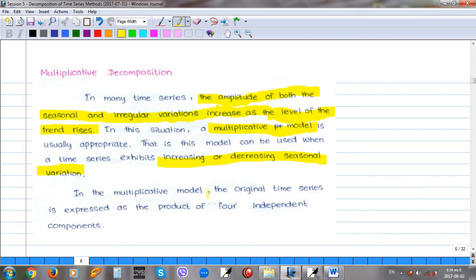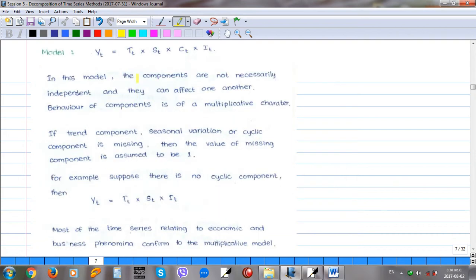In the multiplicative model, the original time series is expressed as the product of 4 independent components. Earlier we represented it as the addition of 4 components. Here, in the multiplicative model, we use the multiplication of the 4 components. Then the model is: Yt equals Tt multiplied by St multiplied by Ct multiplied by It.